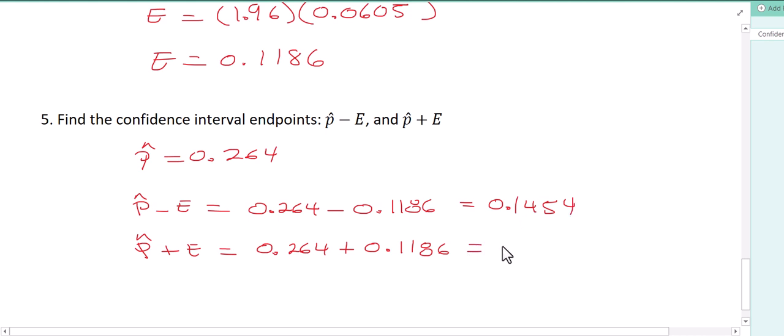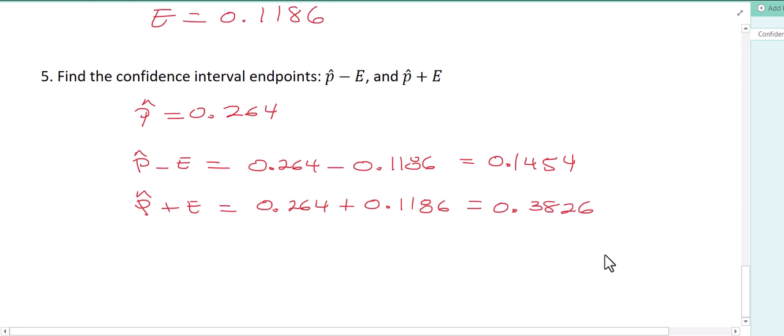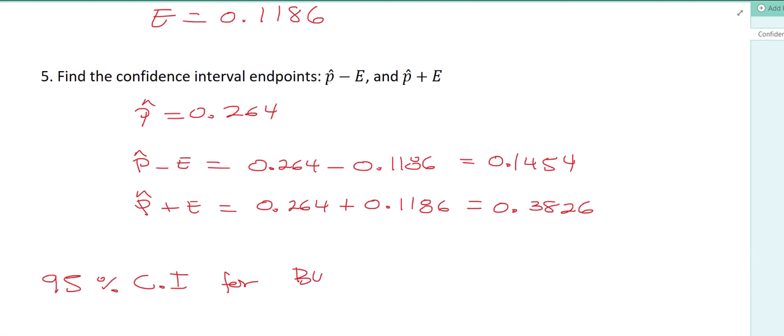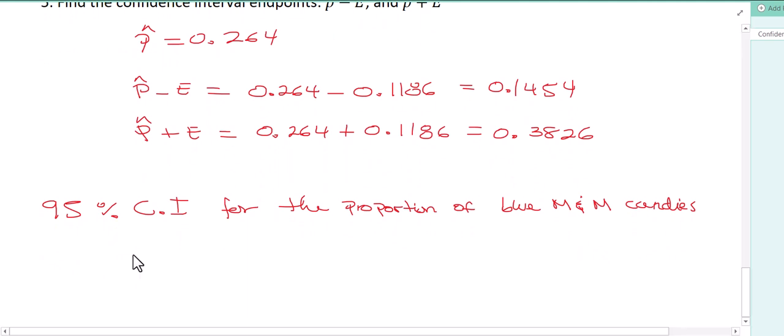And then for the upper one, I got 0.3826. So that means that our 95% confidence interval for the proportion of blue M&M candies is, we will say, the lower endpoint 0.1454 is less than our population proportion, less than 0.3826.